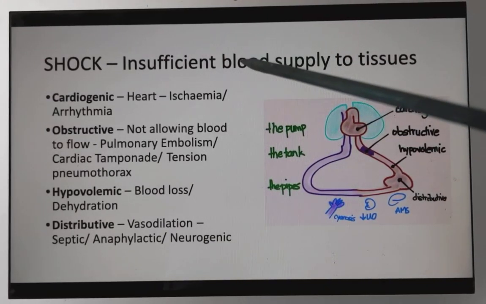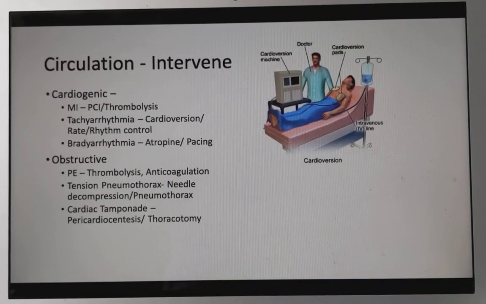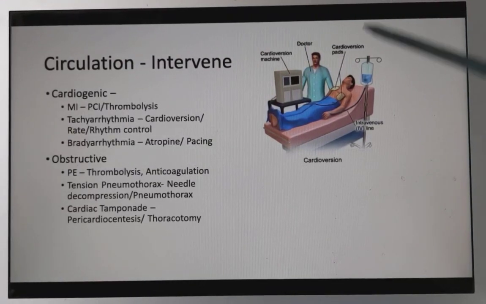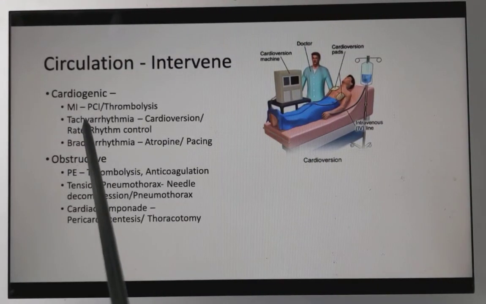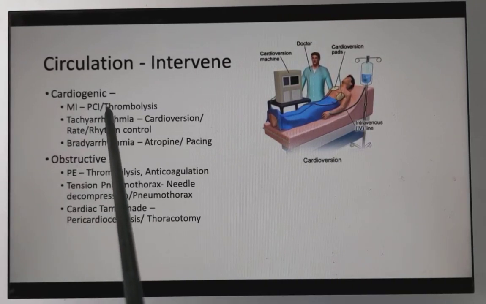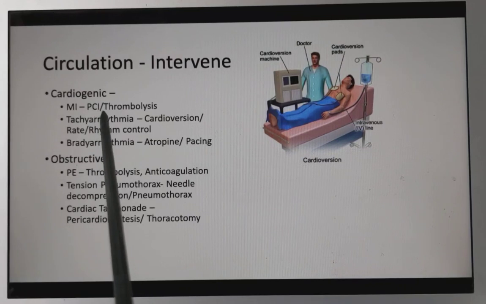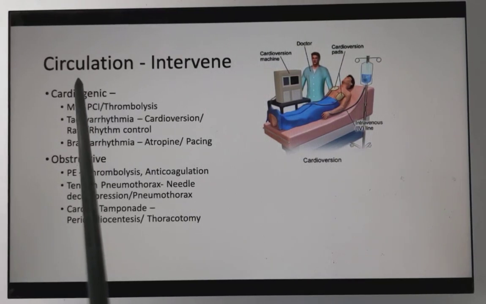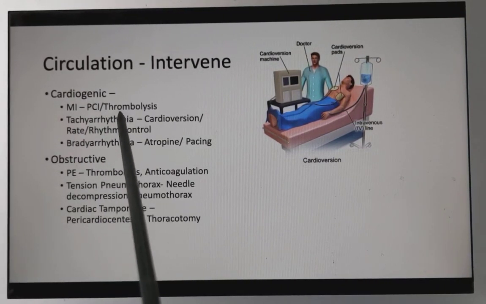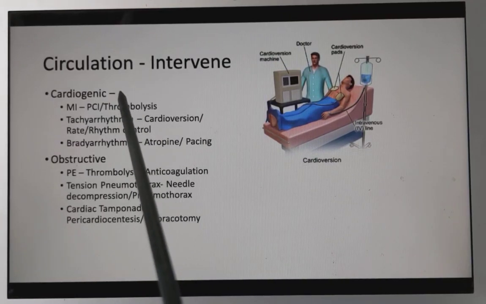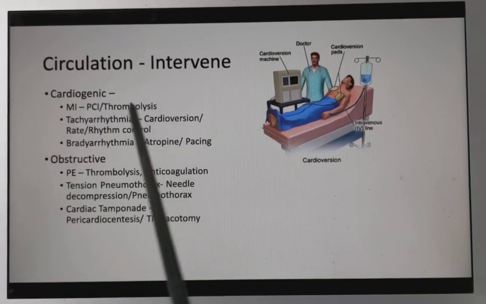So once you've identified that, okay, circulation, there is a problem, signs of shock, heart rate, blood pressure compromise, what could you intervene? If it is a cardiogenic shock, as I said, it could be ischemia, so you need to consider percutaneous primary intervention, where the person goes to the cath lab, or thrombolysis when those cath lab facilities are not available.